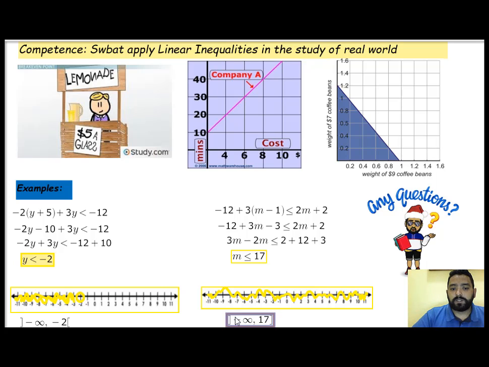So in interval notation we open a bracket with negative infinity, because remember these lines continue until infinity, comma, 17 closed, because we take that solution, since we have this line under the inequality. This is the explanation of how to solve inequalities using the inverse operation and the distributive property, with three examples of inequalities in our daily life, the graph notation and the interval notation.